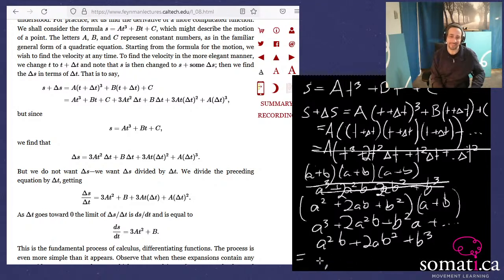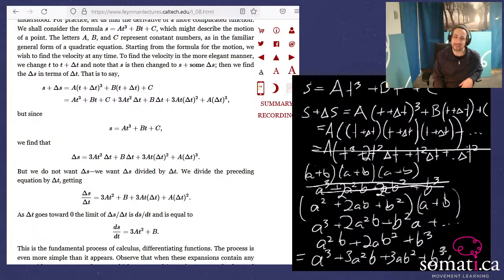It's equal to, okay, I'm doing it now. A cubed, so a squared b's, there's 3 of them. And there's 3 ab squareds. And a b cubed. Okay, I think that's right.